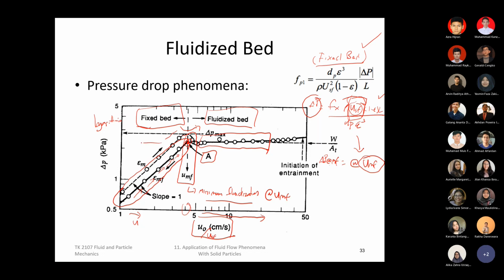And you get that my pressure drop will remain more or less the same. Delta P at minimum fluidization will be the same as delta P at the fluidization region. That's a general consensus in the fluidization regime.